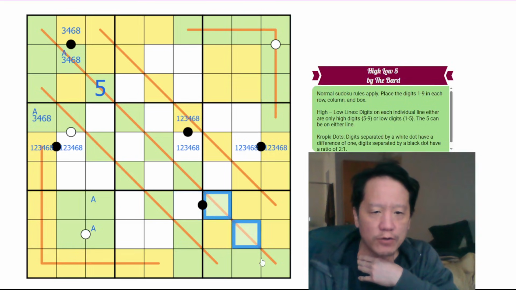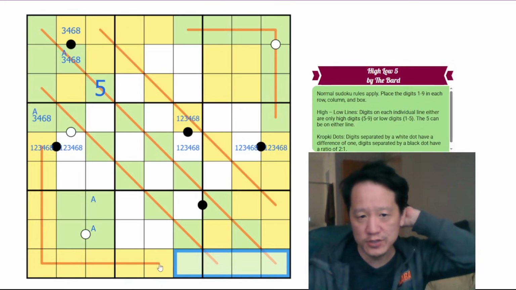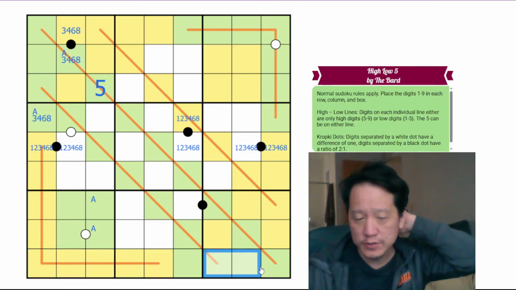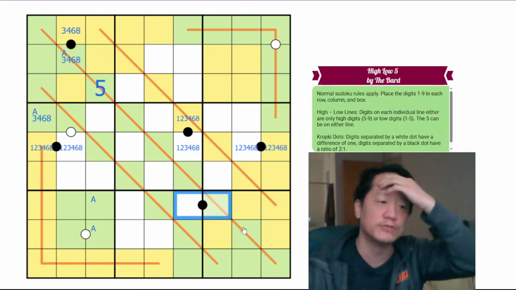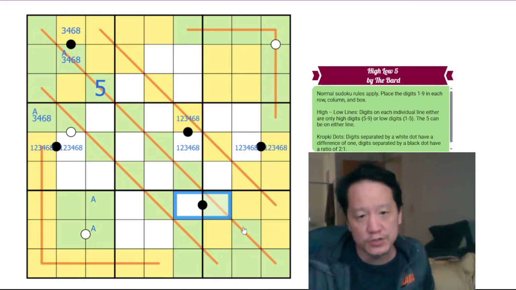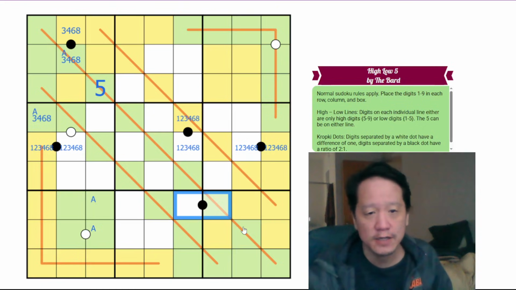There's a 5. Where is the 5 in box 9? None of these can be 5 because remember those are the remaining green cells. The 5 has to be here. So this can't be 5. This can't be 5 because it's in a 1-to-2 ratio with another digit, and 5 can never be in a 1-to-2 ratio with another digit in normal Sudoku, because if you have 5, you get 2.5. You double 5, you get 10, neither of which are digits.